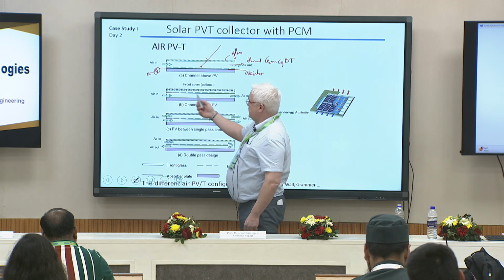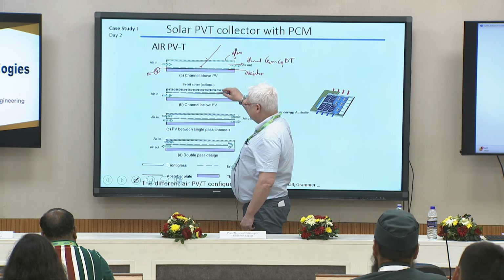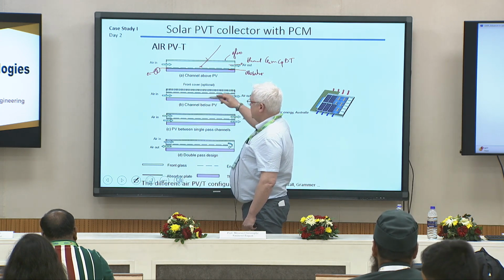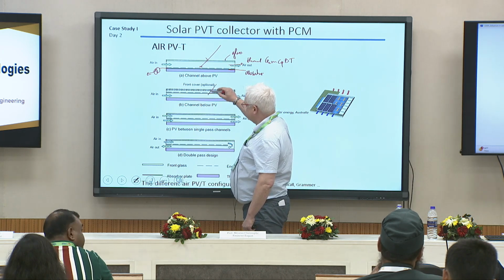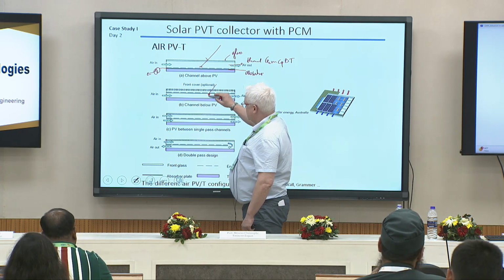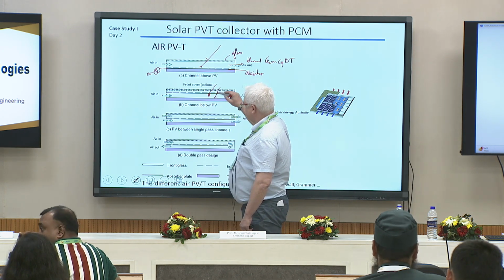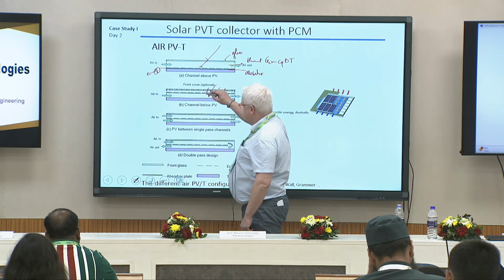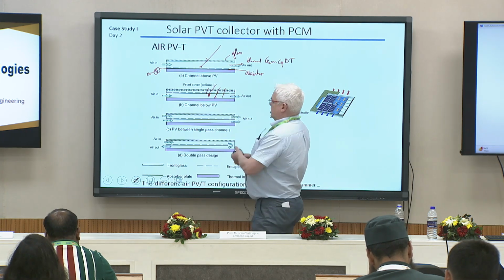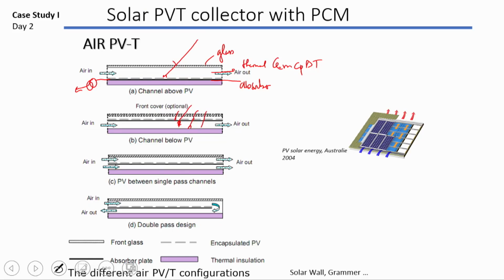Another solution is to have the PV as a cover. Okay, so a semi-transparent PV that allows part of the radiation to cross, and the part which is absorbed is converted to electricity. So finally it could be heated on both sides, but in this configuration the level of temperature is lower than here.